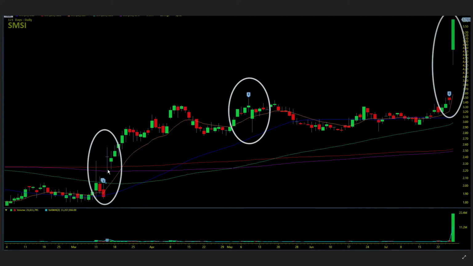So it's showing me that the stock likes to move and it's volatile. Right here, the day after it put earnings out, long lower wick and an upper green body. That's a hammer. Right here, put earnings out. What happened? Day after, long lower wick, big upper green body.